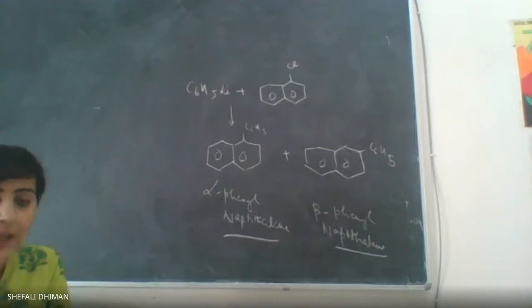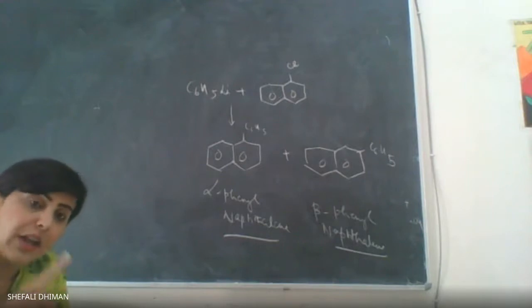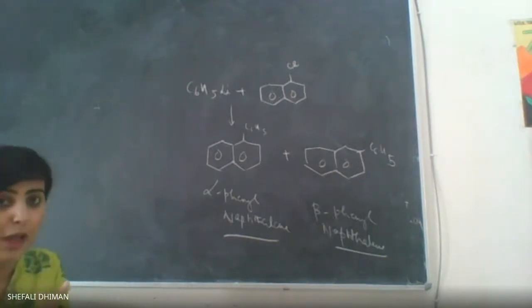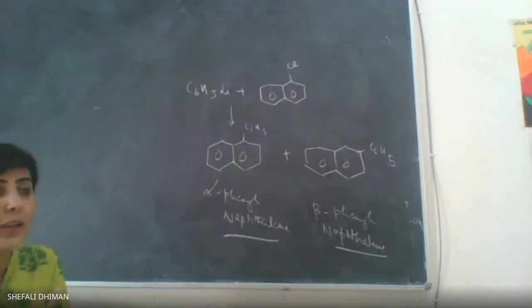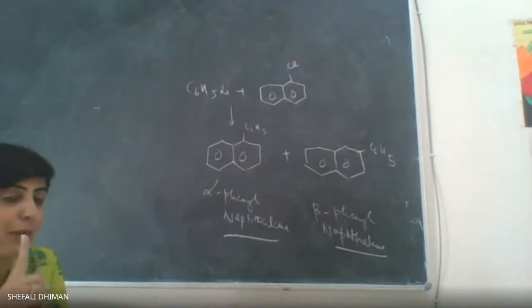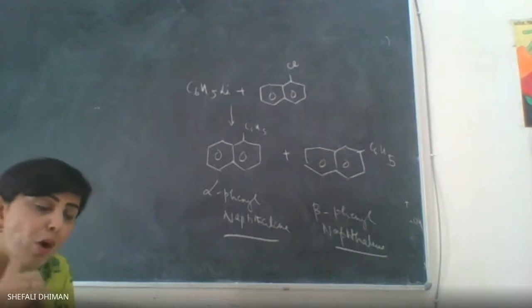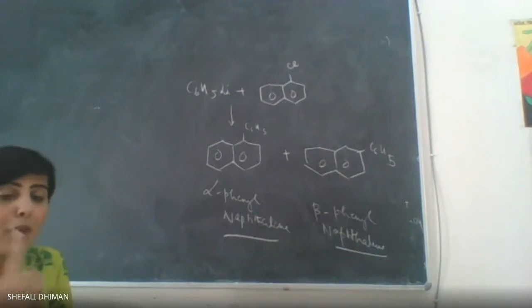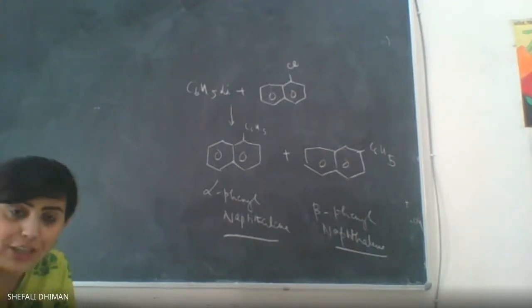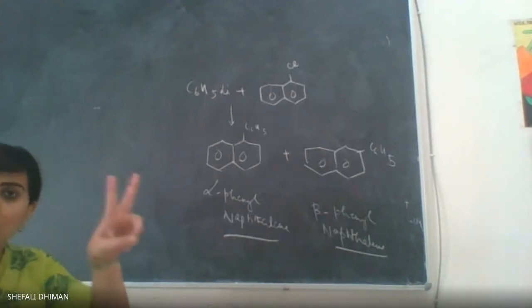I repeat again, like we saw in the Grignard reagent, where there was a competing 1,2 and 1,4 addition, but here organolithium compounds only undergo 1,2 addition. So there is no addition across the carbon-carbon double bond. There is addition only across the carbon-oxygen double bond. Why? Because alpha beta unsaturated compounds contain both double bonds.